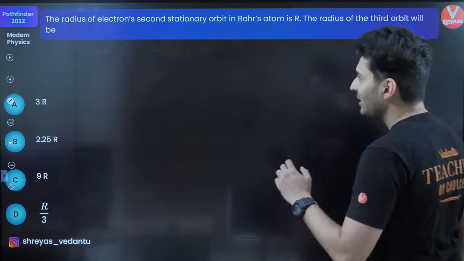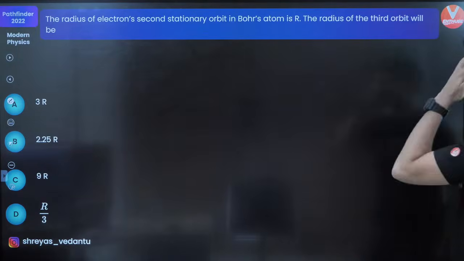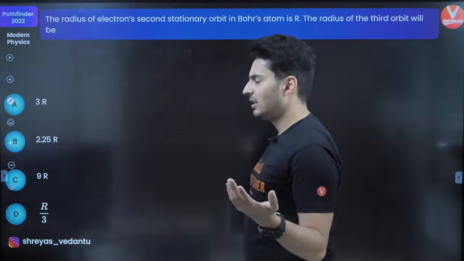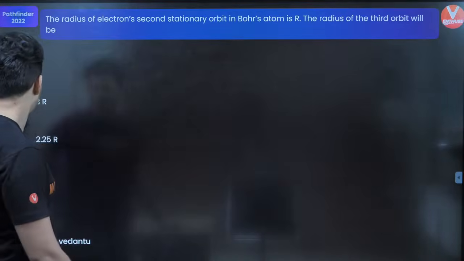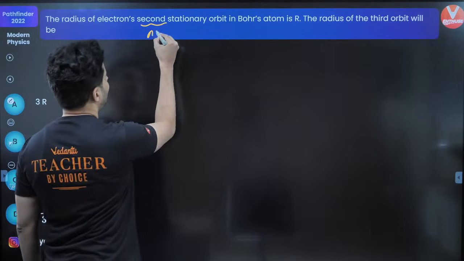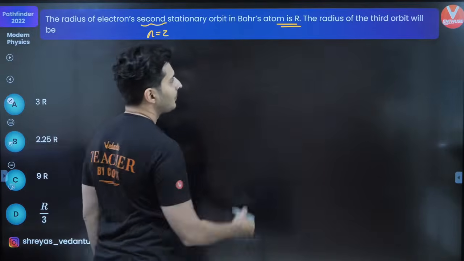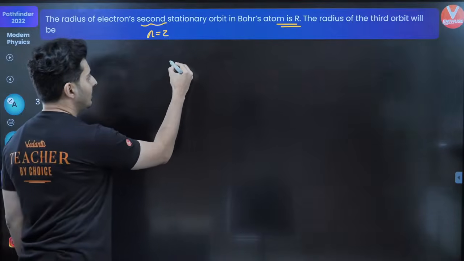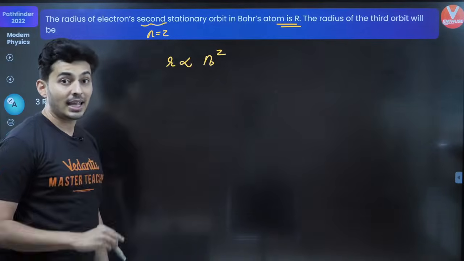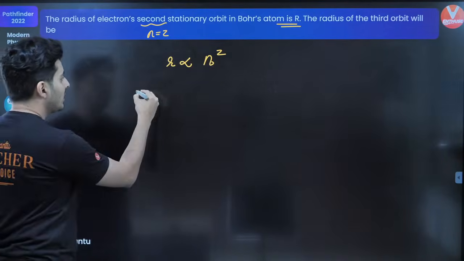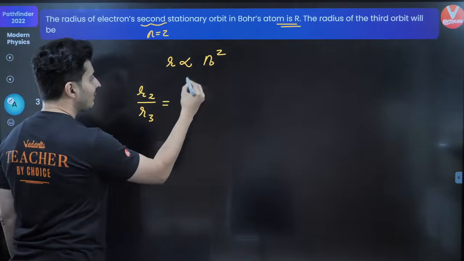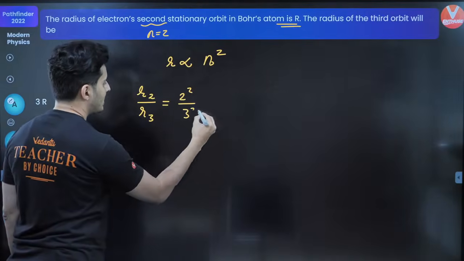Keep it up. The radius of electron's second stationary orbit in Bohr atom is r. The radius of the third orbit will be. Interesting, simple, but don't confuse. The radius of the second, that means n is equal to 2, is r. And we all have seen that the radius is directly proportional to n square. Keep this in mind, n square. So, radius of the second orbit upon radius of the third orbit will be 2 square upon 3 square.